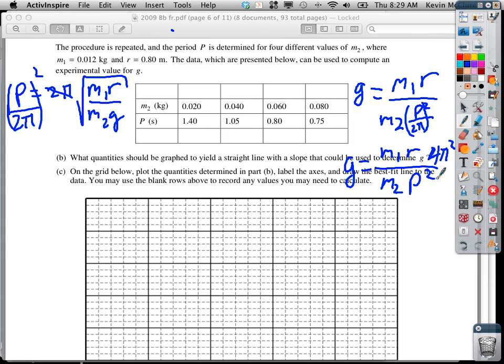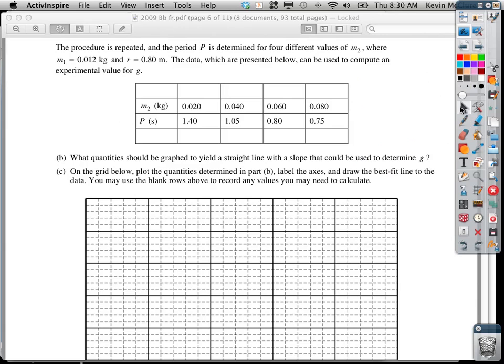Okay, R is a constant, M1 is a constant. So what quantities should be graphed to yield a straight line? Just looks like, because that's a constant, that's a constant, that's a constant. Oh, we can't do that because we have those two things together.